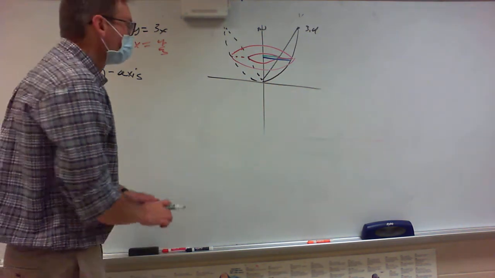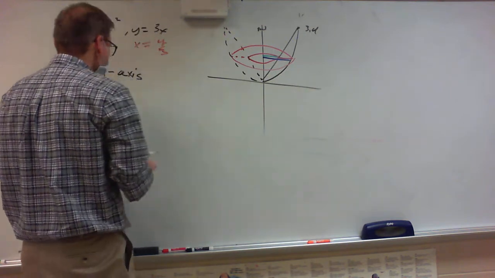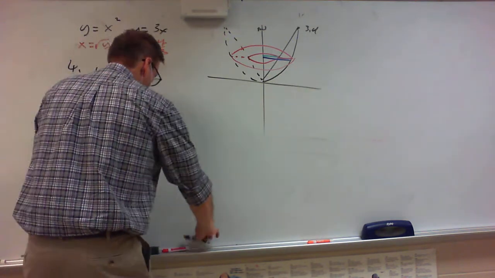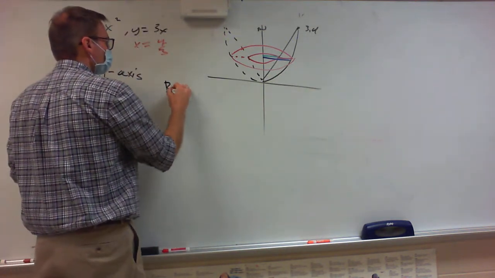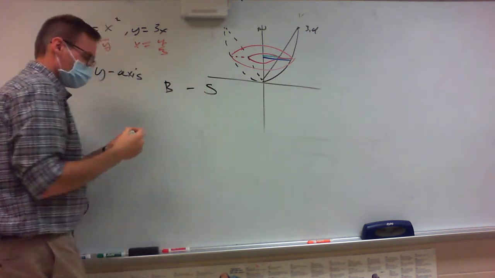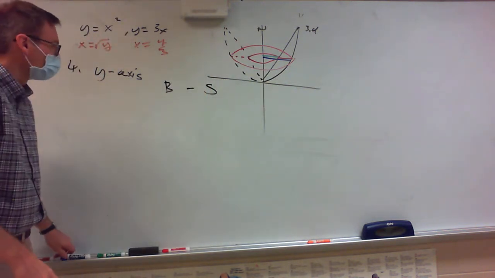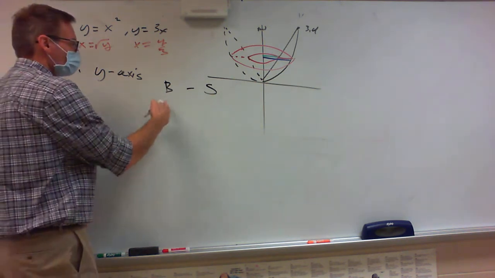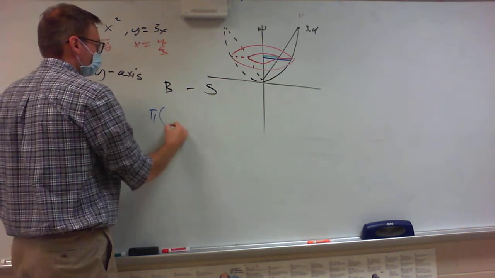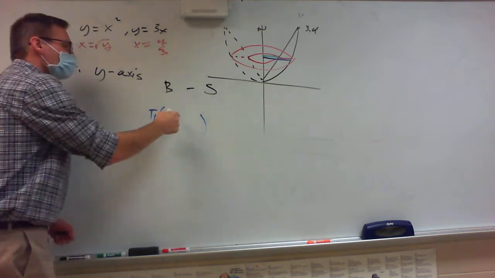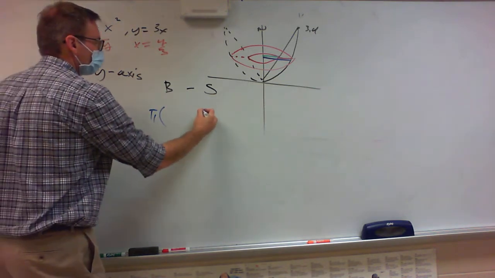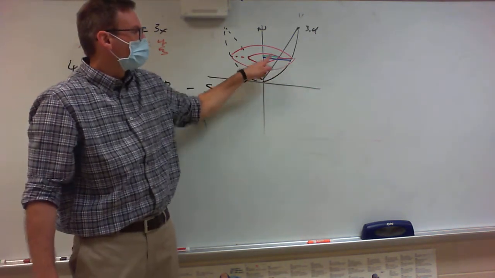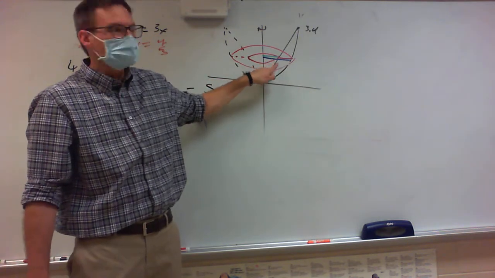All right, and so now we're going to set it up. I'm going to do big circle minus small circle. So our big circle, here's pi. What's my radius? Look at the blue rectangle, right minus left.